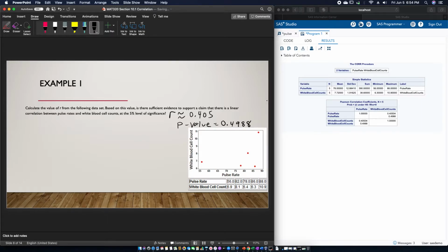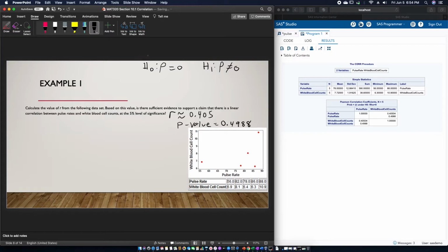And let me just very quickly write what that test actually is. This is a test of the null hypothesis, being that the correlation coefficient is equal to 0, and the alternative being that the correlation coefficient is not equal to 0.